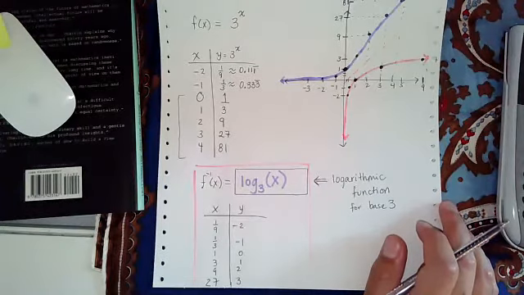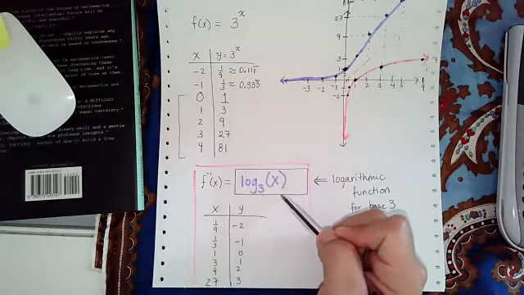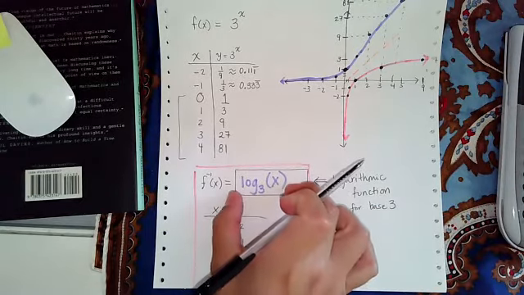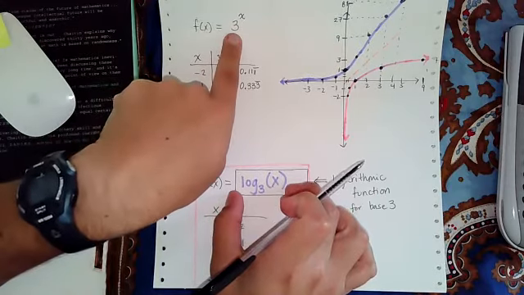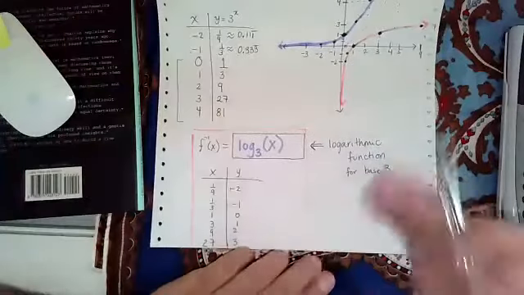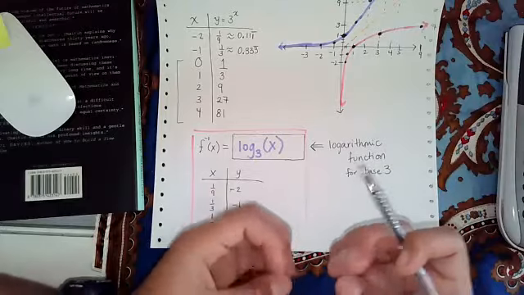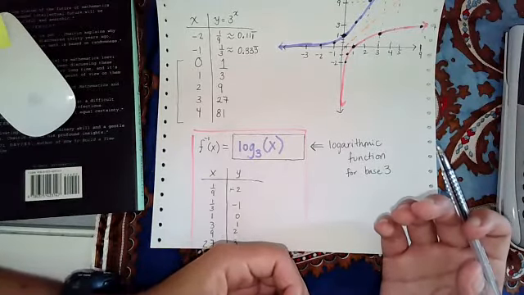Yeah, no, exactly. The reason why we call this the log base 3 function is because it's defined as the inverse of this original function whose base is 3. So in order for logarithms and exponents to be inverses of each other, they have to be related by the same base. Yeah, thank you.